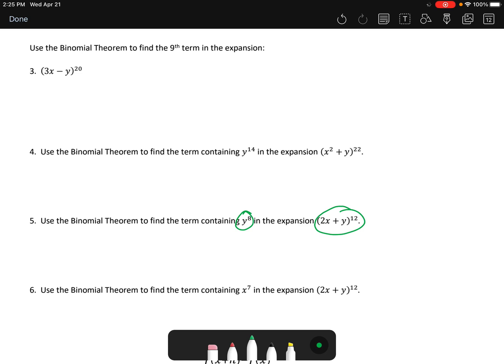So I know that it's y to the 8th, so the exponents have to add up to 12, so that's got to be (2x) to the 4th. I also know that it's 12 choose 8 because these two have to match.